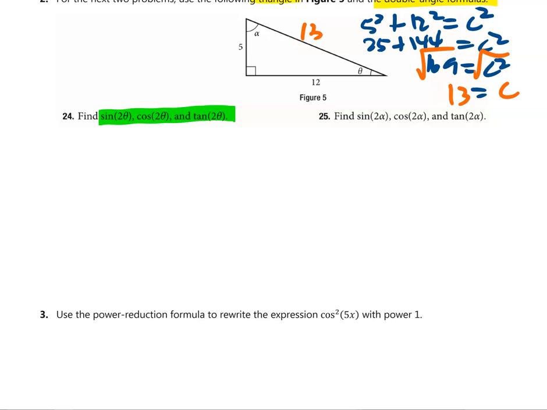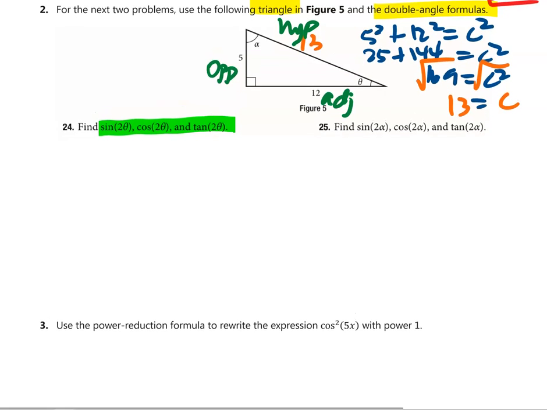If this is your theta, so this is the opposite side, this is the adjacent side, and this is the hypotenuse, the 13. Okay, so sine 2 theta using the double angle formulas.